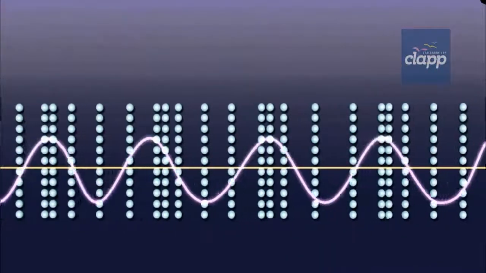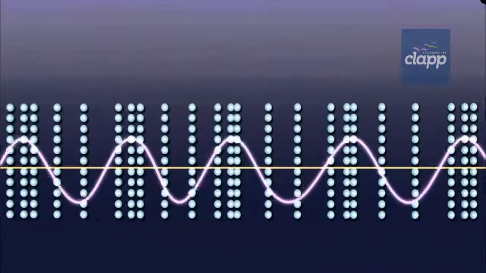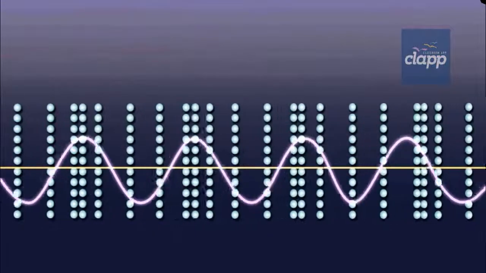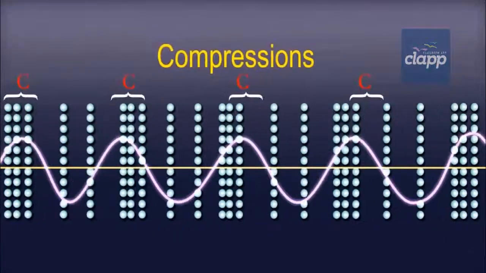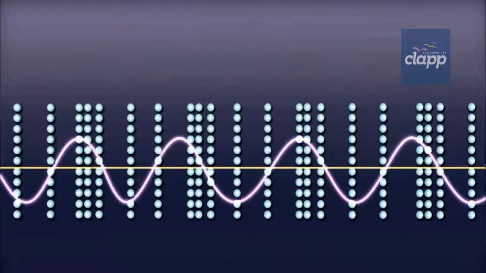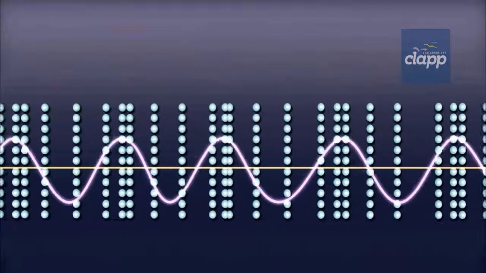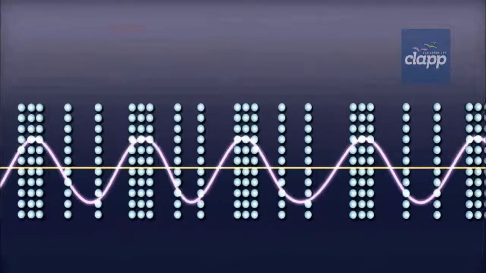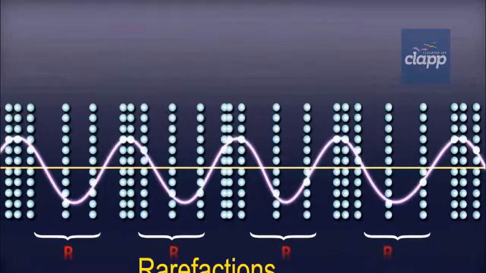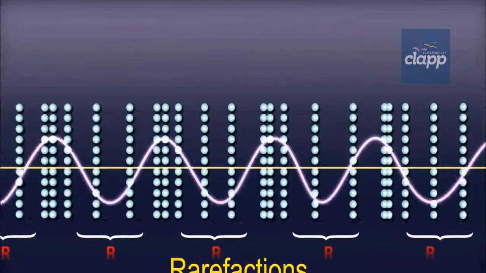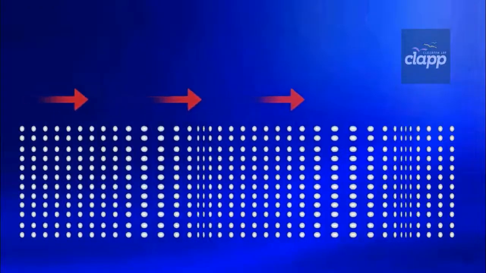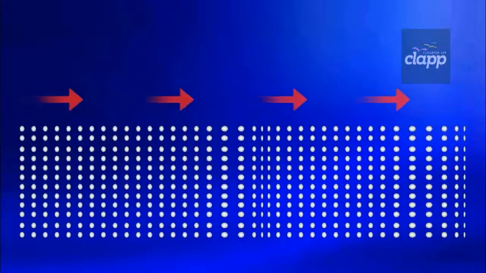The region of high pressure is experienced in places where the particles of the medium are very close to each other, and is known as compressions. It is denoted by C. The region of low pressure is experienced in places where the particles of the medium are far apart from each other, and is known as rarefactions. It is denoted by R. Here the particles are vibrating along the direction of propagation of the disturbance.